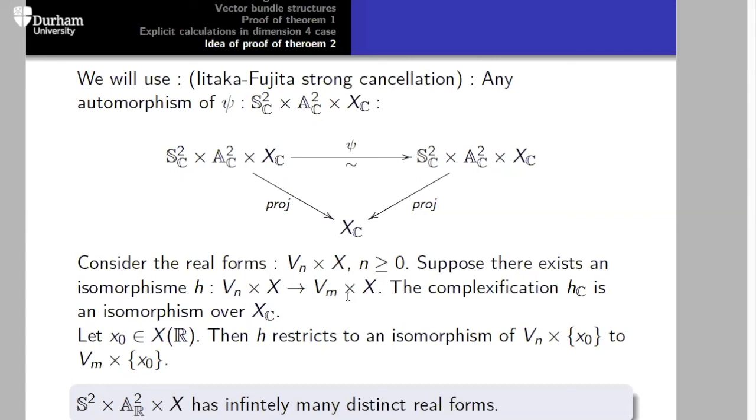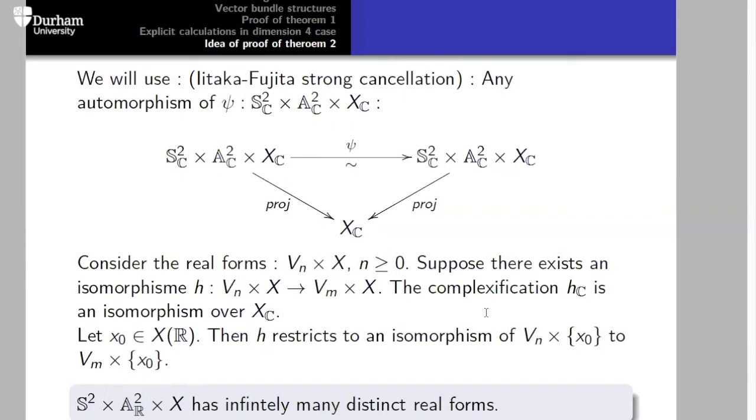If there exists an isomorphism, I complexify, and that's an isomorphism over XC, because when I complexify, I'm just getting S2C here. And therefore, it means that HC is an isomorphism over XC.